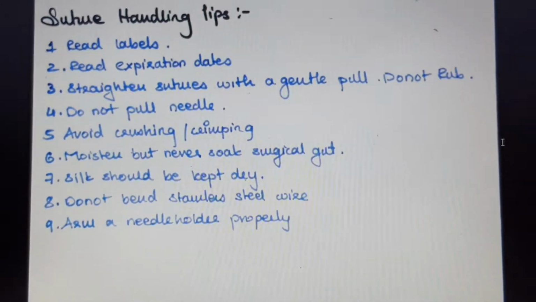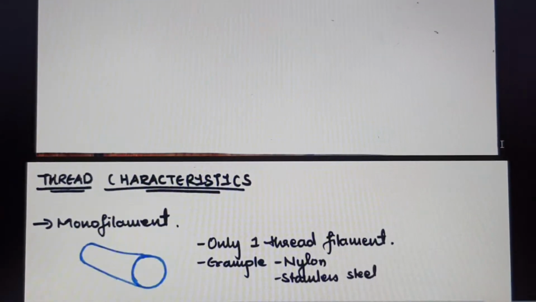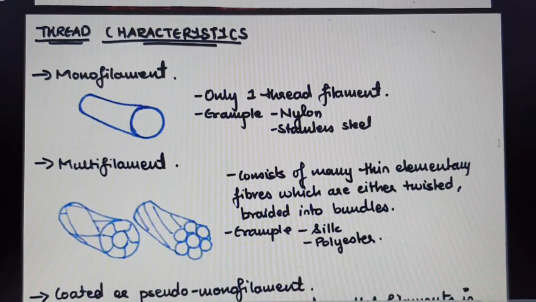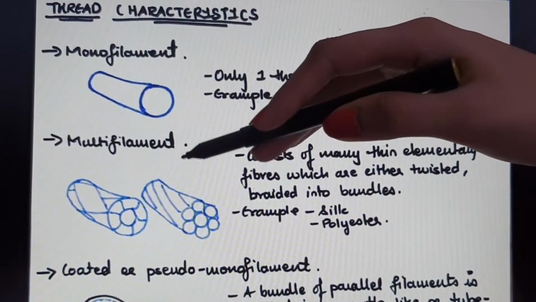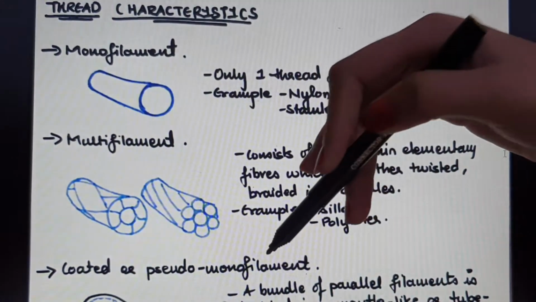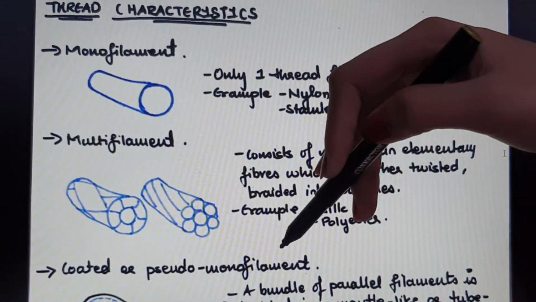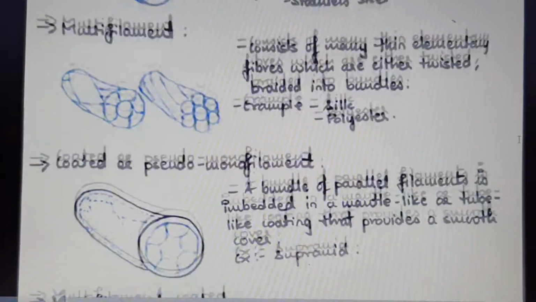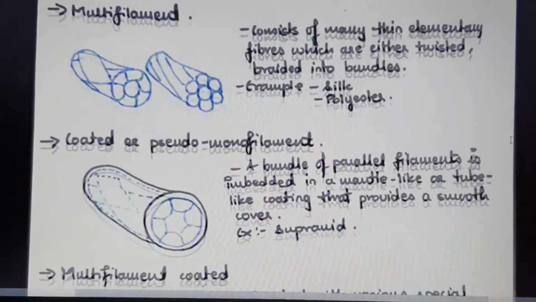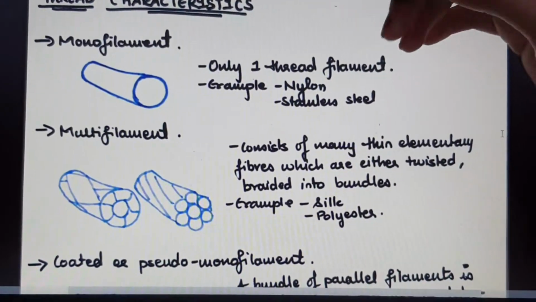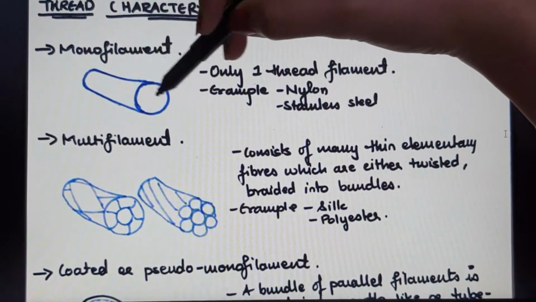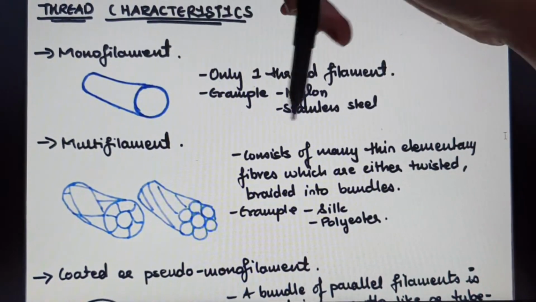After that we have the thread characteristics. First is the monofilament, and then we have multifilament threads, then coated pseudo monofilament, and last multifilament coated. The monofilament consists of only one thread, for example the nylon or stainless steel threads.